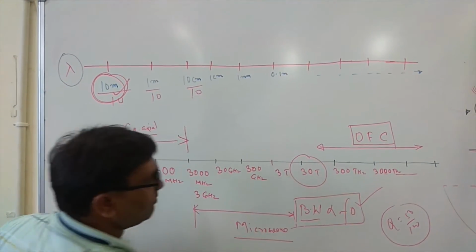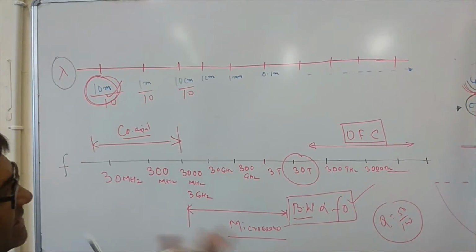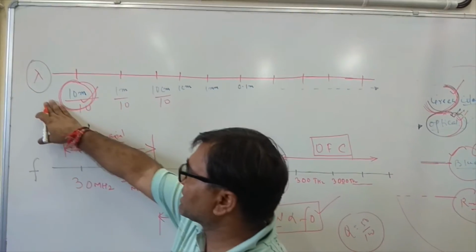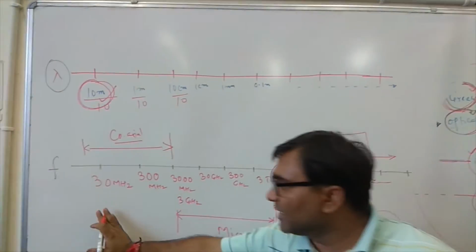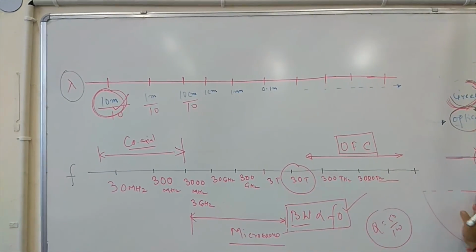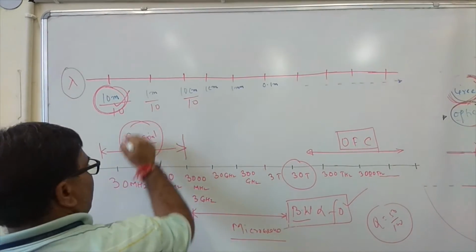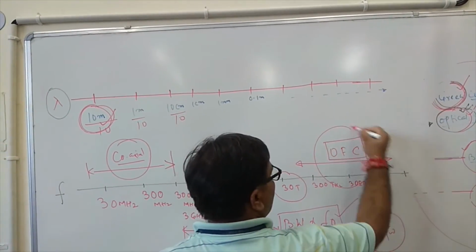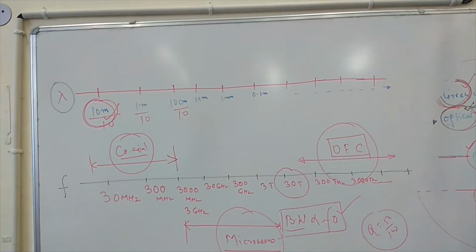So life में कभी भी भूल मत जाना कि which communication we will apply. So always remember that. Just draw lambda is equal to 10 meter, divide by 10, 10, 10, 10. Frequency 30, multiply by 10, 10, 10, 10. And here this is the coaxial cable, this is the microwave, this is the optical fiber. So optical fiber is up to 300 terahertz, 3000 terahertz.